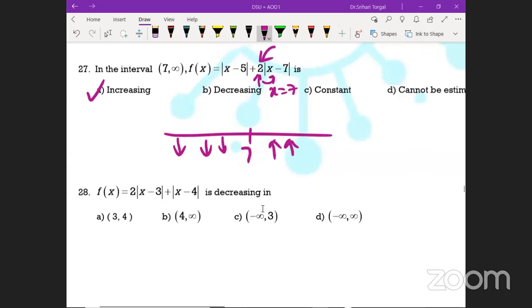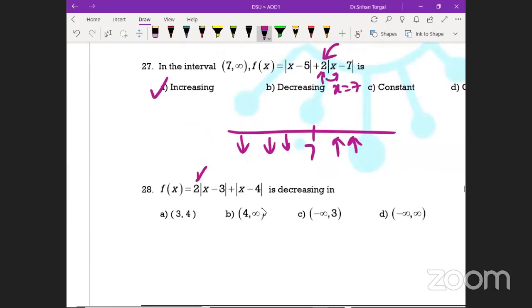So look at the coefficients, that is from 3 onwards it is increasing, here it is decreasing. Option C is the right answer.